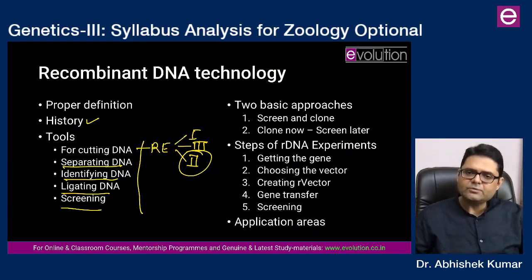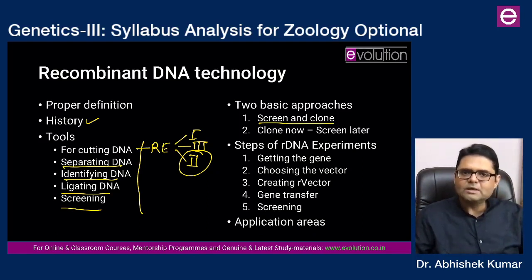So you can start with the RNA of human insulin, and you will be reverse transcribing this RNA and creating complementary DNA or cDNA. After that, this cDNA will be made double-stranded, and right from the beginning you know that you are working with the desired segment. So this approach is known as screen and clone. In the beginning only you carry out your screening and then you begin the cloning.